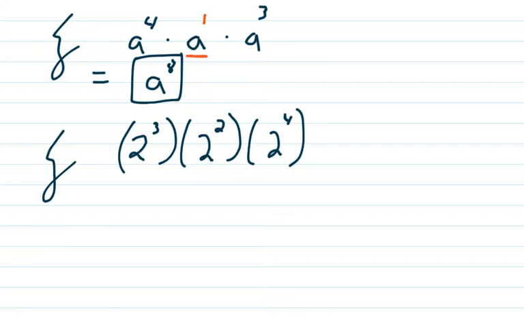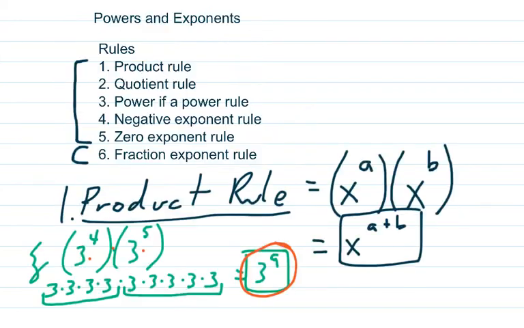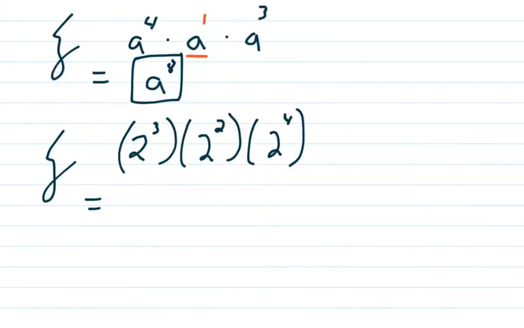So let's simplify this and we'll evaluate this. Evaluate just means give me a single answer. Unlike on the earlier page where I left it as 3 to the 9, that to me is a big dumb number. I'm not even going to evaluate it, but we're going to take this big dumb number and evaluate it. So I look at my bases, they're all the same. I'm multiplying them, so that means I add my exponents. So I get 2 to the 5 plus 4, which is 9.